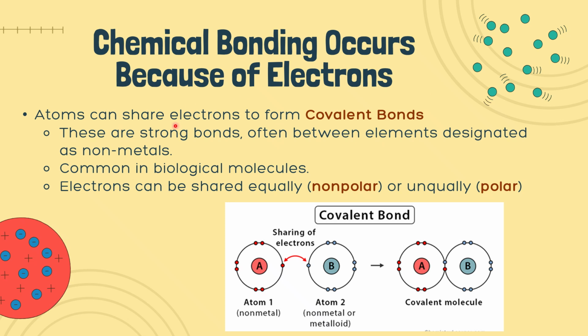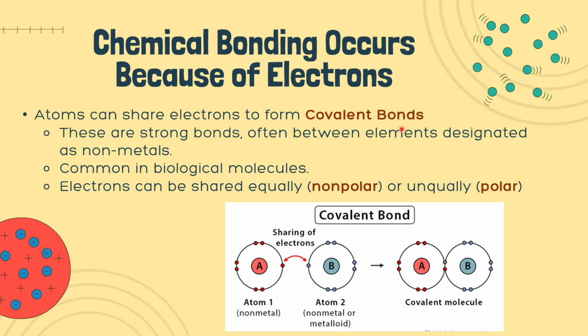So when the atoms share electrons, they form covalent bonds. These are very strong bonds. It's often between nonmetals. So something like lithium or iron, those are metals, whereas oxygen and nitrogen and hydrogen, those are non-metal elements.